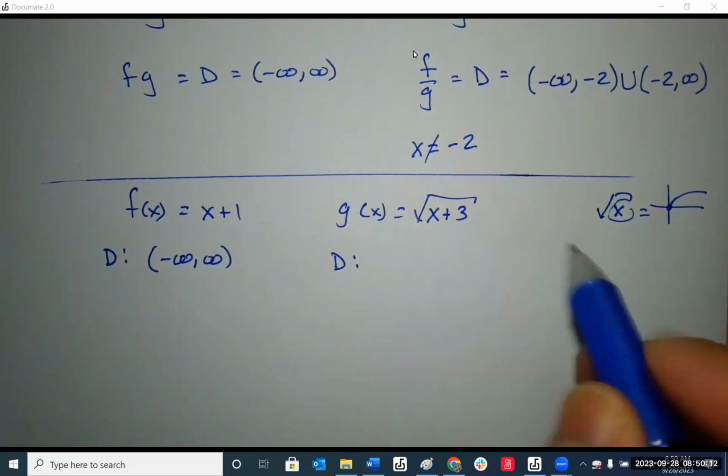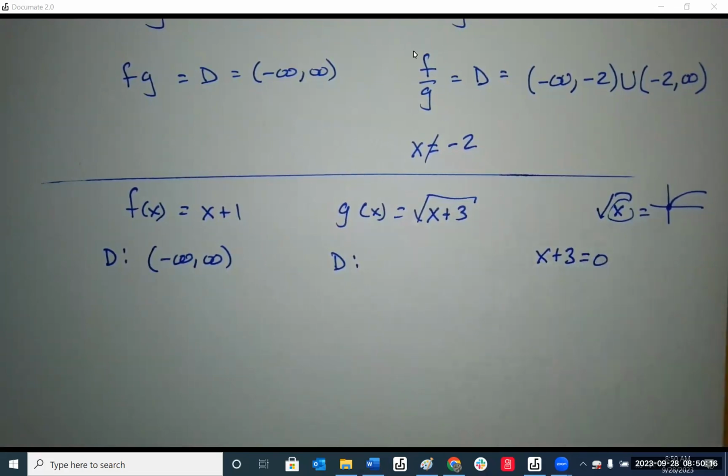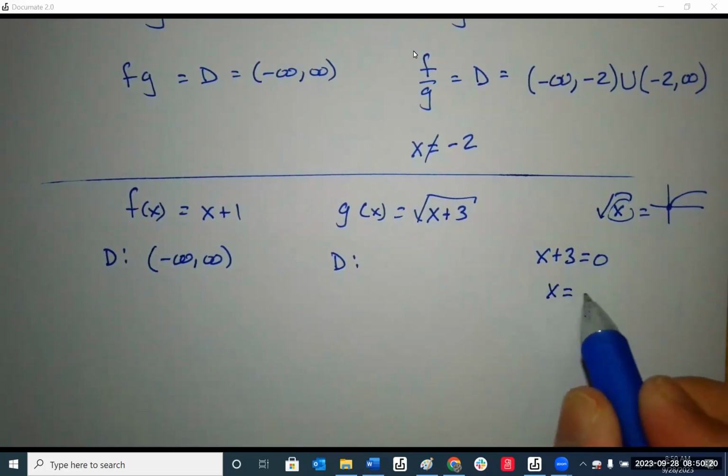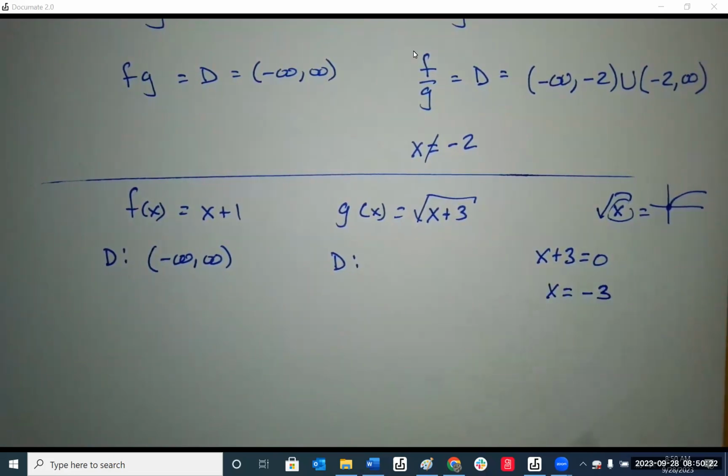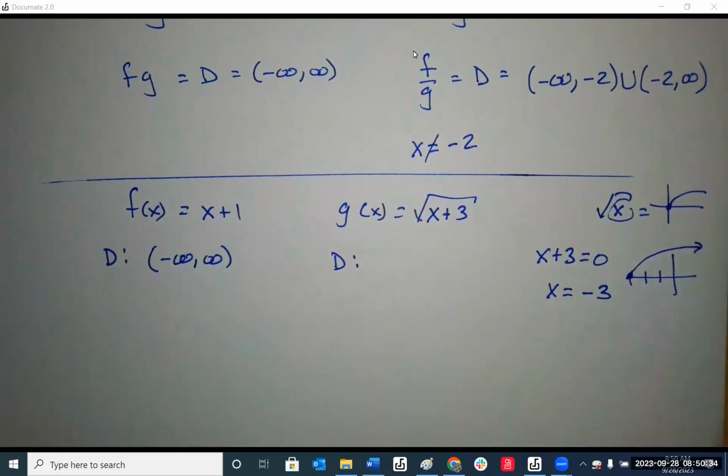So take this number, x plus 3, and set it equal to 0, and solve for x. So our equation here can start at -3 and go to infinity.